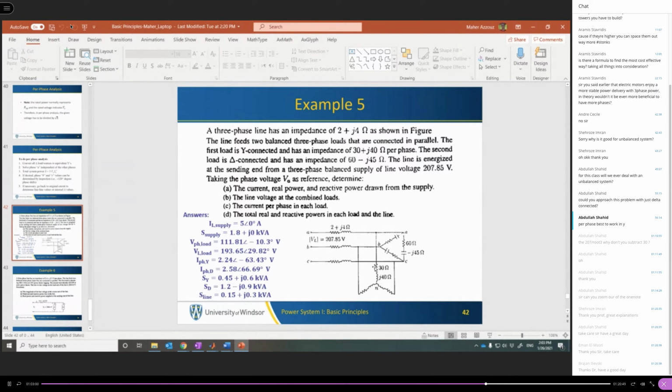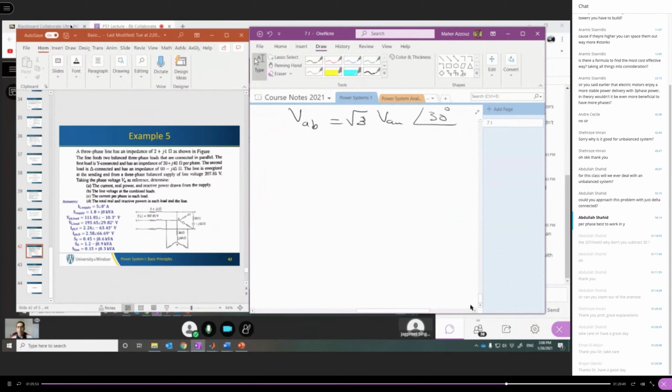Okay, so let's see how we solve this problem. The three-phase balanced source has this. So the first step, we have a delta connected load. This delta connected load, we need to convert it to its equivalent star connected load. So here we have an impedance. This is Z star. I'm going to call it Z star dash because this is Z delta over 3.